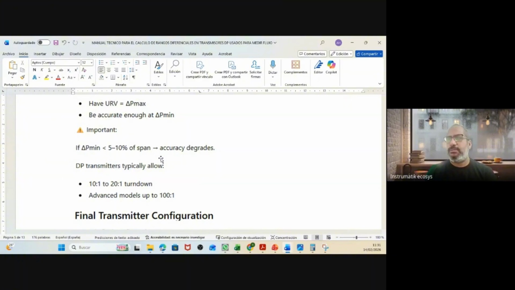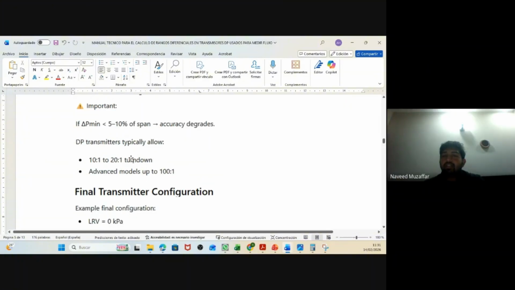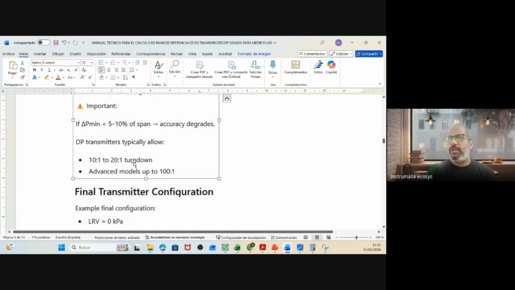Turndown ratio and rangeability usually apply to flow meters. Here it is. There's a rule here that says that if delta P minimum is less than 10% of span, accuracy degrades. It means that you must measure the percentage of the minimum pressure with regard to the maximum, the span.